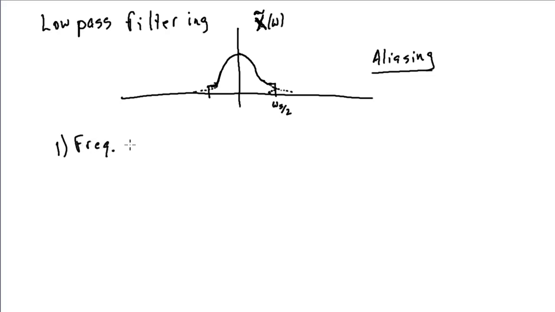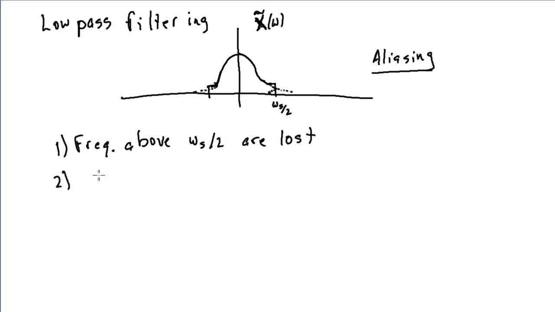Frequencies above omega s over 2 are lost after low pass filtering. They're chopped off in an attempt to recover the original signal.